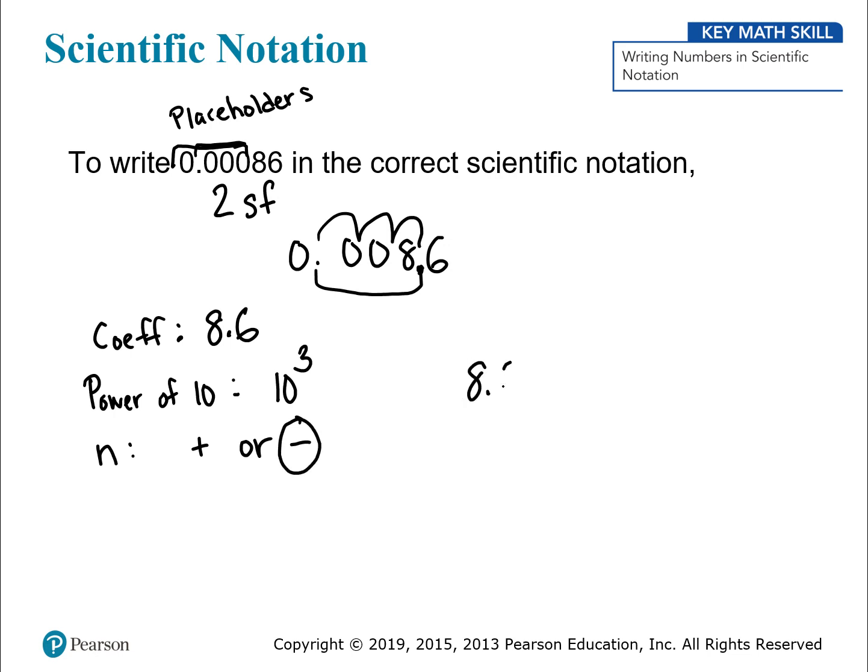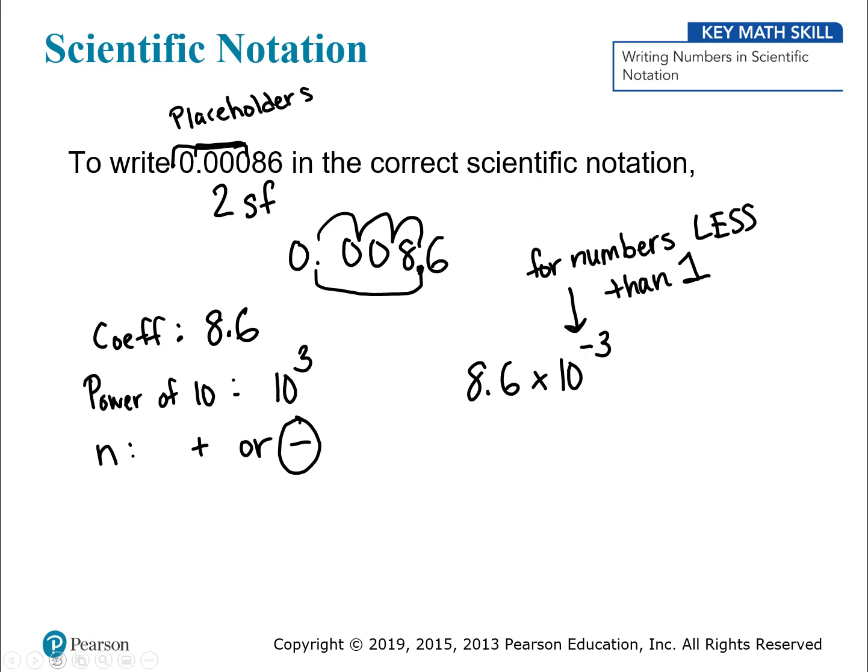When we write it out, you put the negative sign in front of the 3. So this is for numbers less than 1. That's scientific notation. Simple as that. We'll do more practice in class.